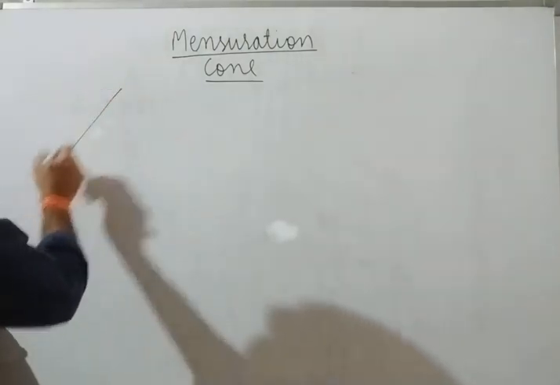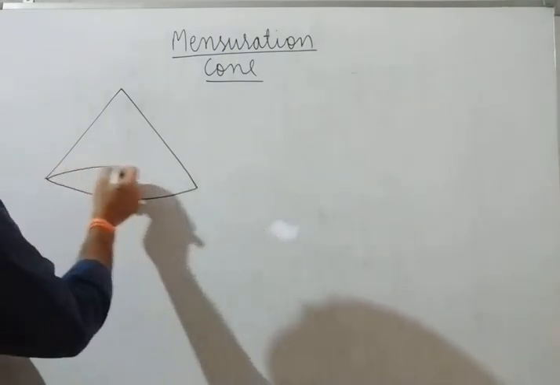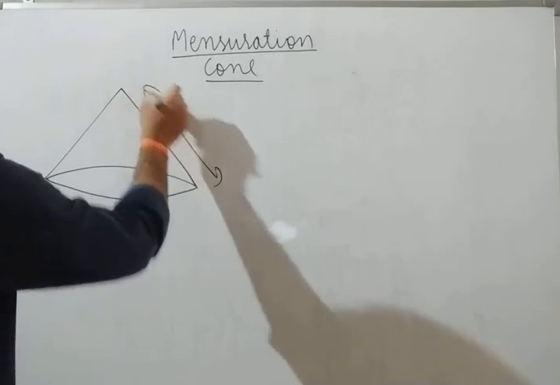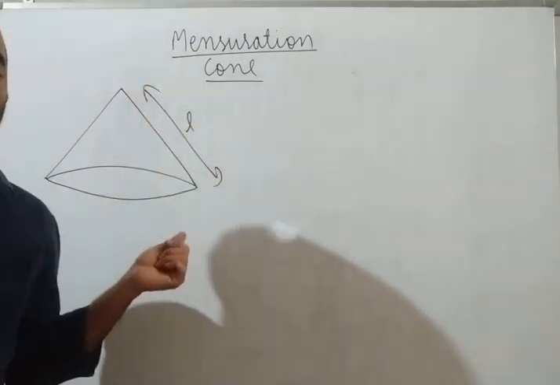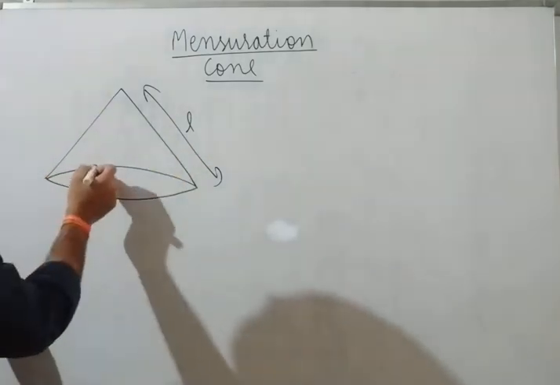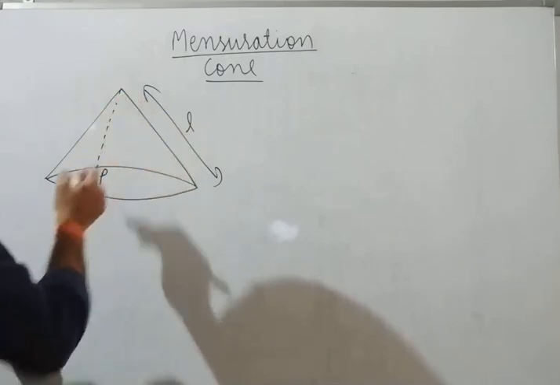Okay, this is a cone. Clear? This is the slant height L. Whenever we cut the cone along any slant height, suppose we have taken any point P here, this will also be a slant height.